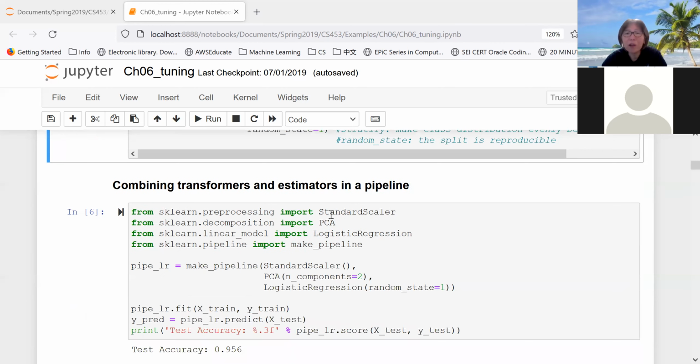So this is the train and test split data.